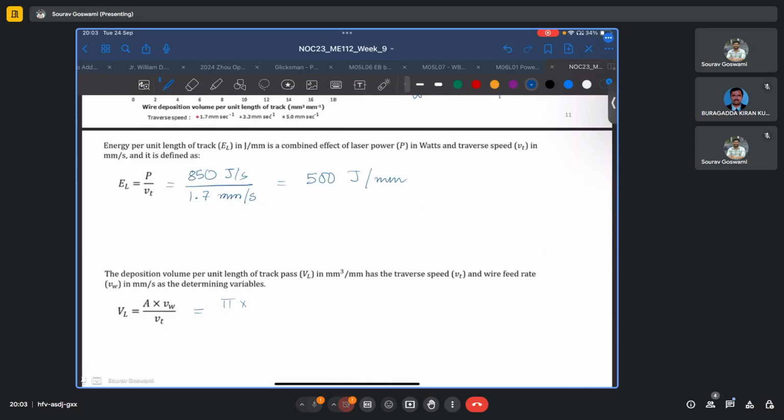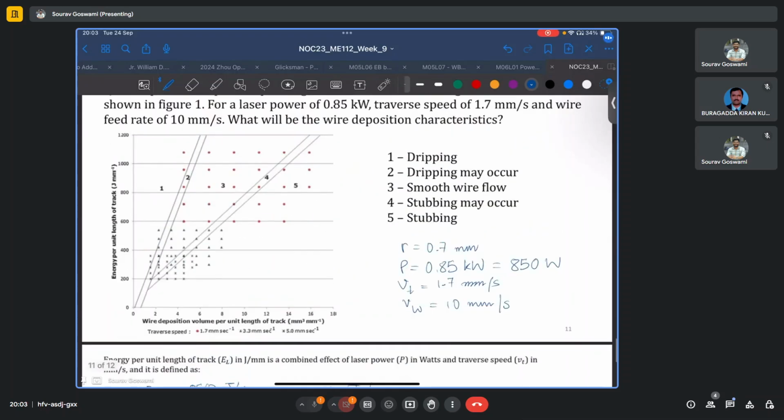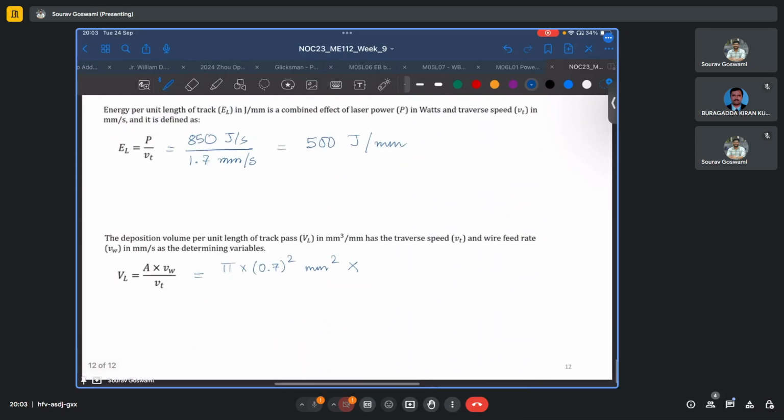So pi 0.7 square with a unit of millimeter square times Vw or the wire feed rate. Vw is 10 mm per second by Vt, which we have previously used as 1.7 mm per second.